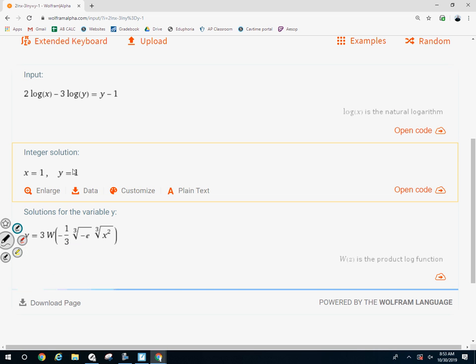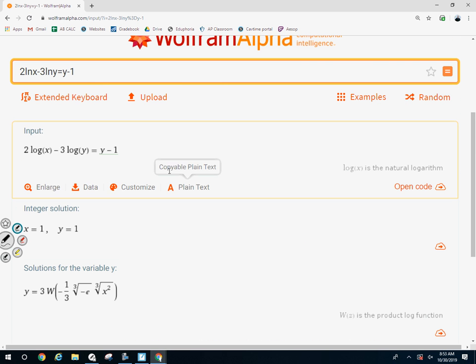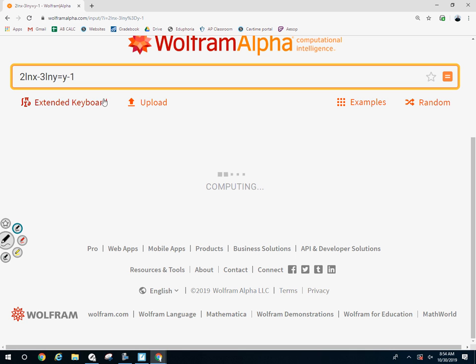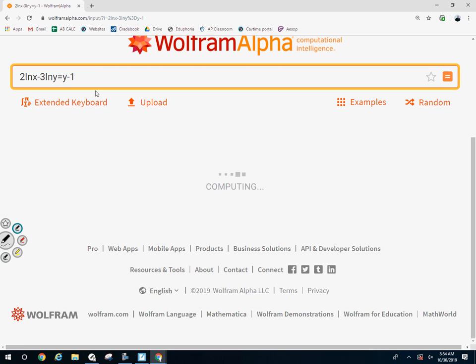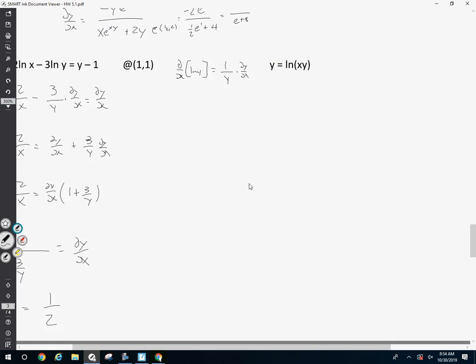I got an integer solution, which is what we looked at the tangent slope for. And it has given up. It's like, no, I don't even want to do what I just did. All right, well, that's the slope.